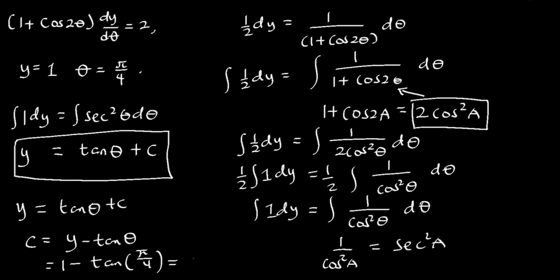So then we are going to have 1 minus 1, which would be equal to 0. And then the arbitrary constant c will be 0. So you can get our particular solution, which is the solution without the arbitrary constant, to be y equals tan theta. So this becomes the particular solution to this differential equation.